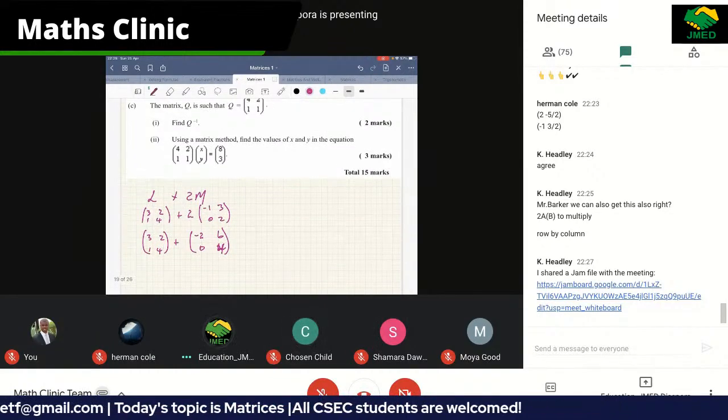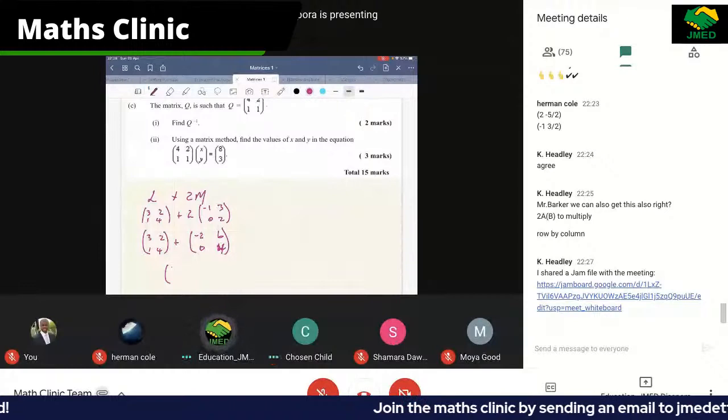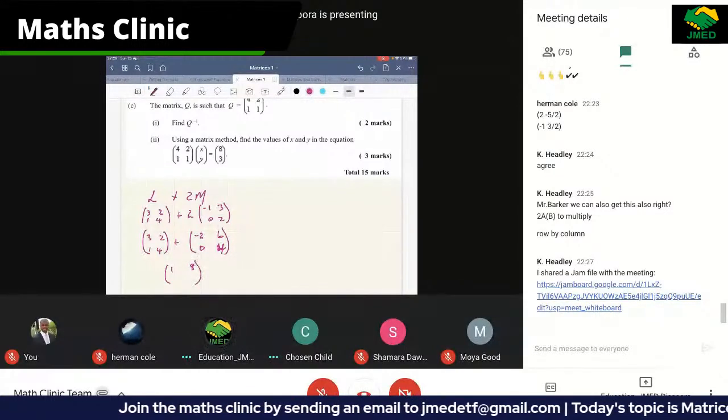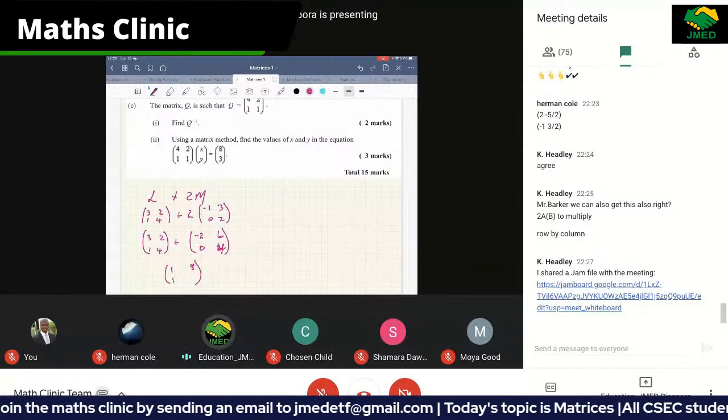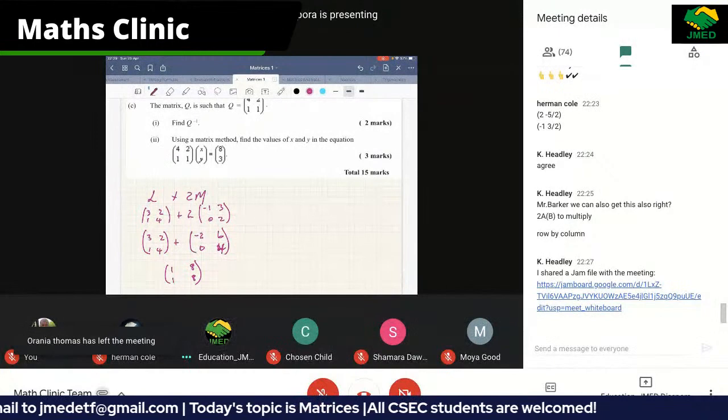Now we're going to simplify because we're going to add corresponding elements. 3 with negative 2 would give me 1. 2 with 6 will give me 8. 1 with 0 would give me 1. And 4 with 4 would give me 8.